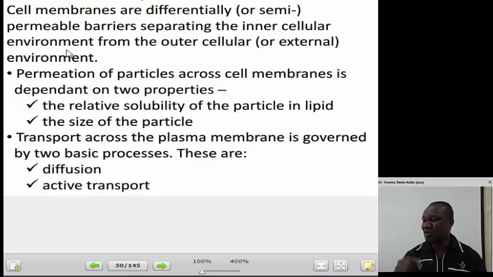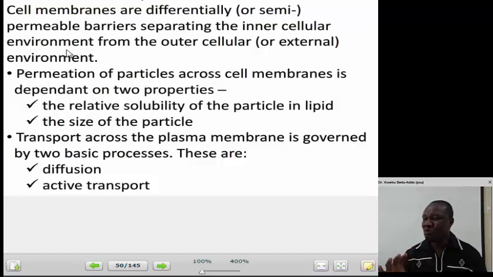This is because the membrane itself is predominantly a lipid bilayer. So lipid-soluble materials readily move across. In addition to lipid solubility, the other property that affects transport across the membrane is the size of the particle. As the particle grows bigger, the lower the tendency for it to be moved across.